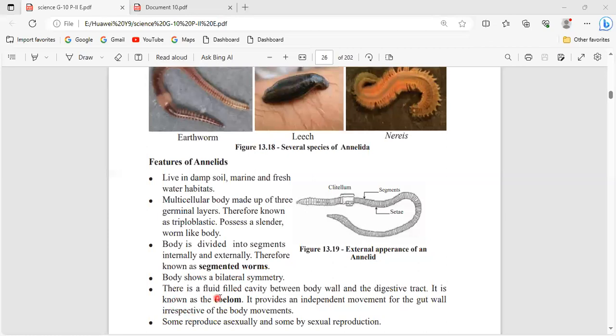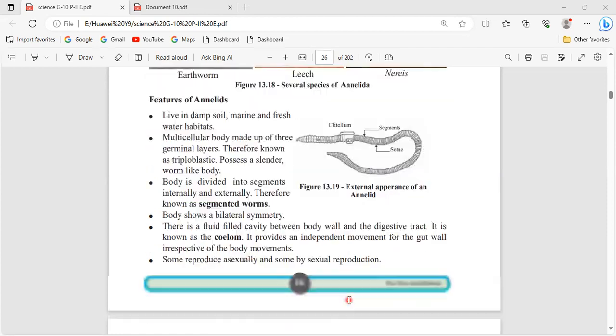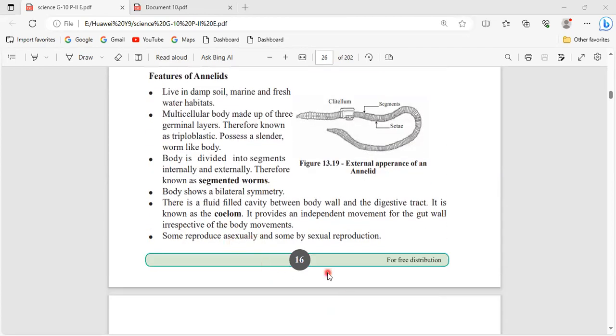There is a fluid-filled cavity between the body wall and the digestive tract, known as coelom. It provides independent movement for the gut wall irrespective of the body movement. So they can move using this fluid. Then some reproduce sexually and some by asexual methods.